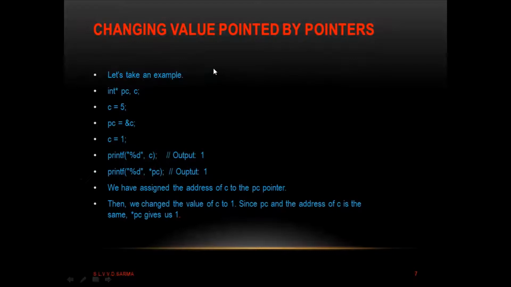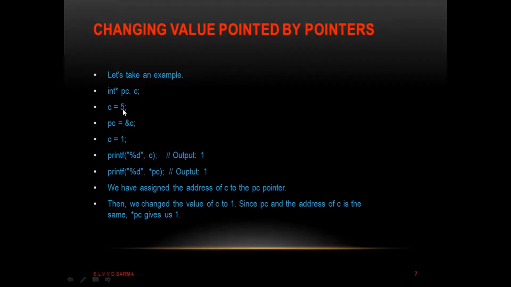Now, how are we going to change the value pointed to by pointers? Here I declare the pointer variable PC and C as a normal integer variable. PC is an integer pointer variable and C is a normal integer variable.